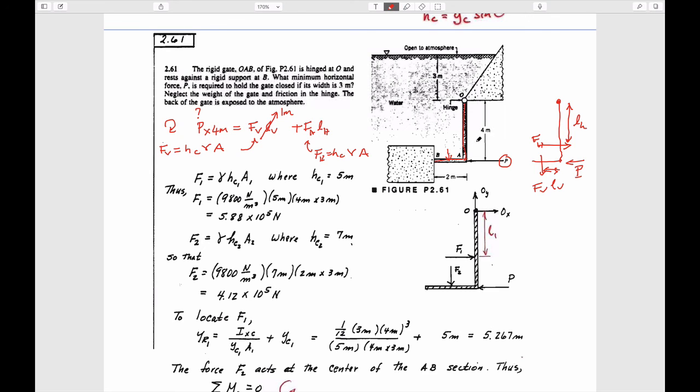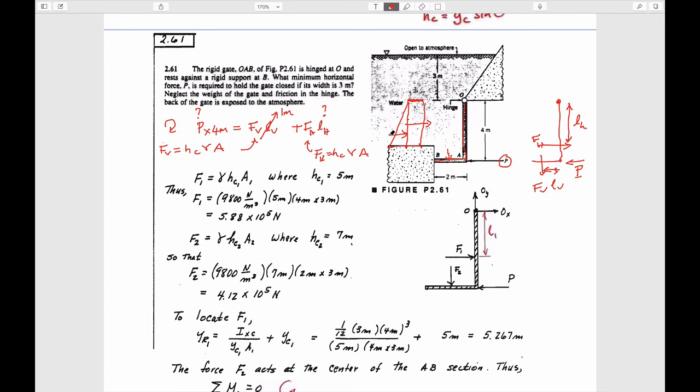And where does it act? That's the more difficult one. And it's not going to be 2/3 down because the pressure here already starts at some large number. Right? If you drew the pressure distribution, it starts at some number here and goes down like this. And so certainly if it was a single triangular distribution, it would be 2/3 down. Certainly if it was a single horizontal distribution, it would be halfway down.